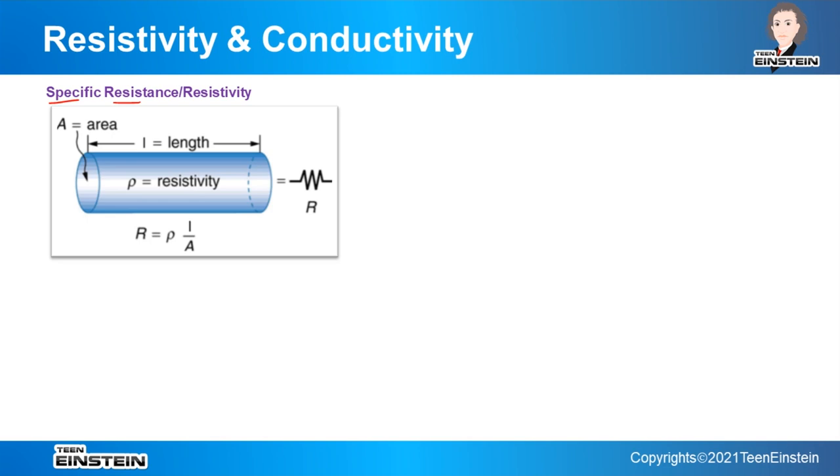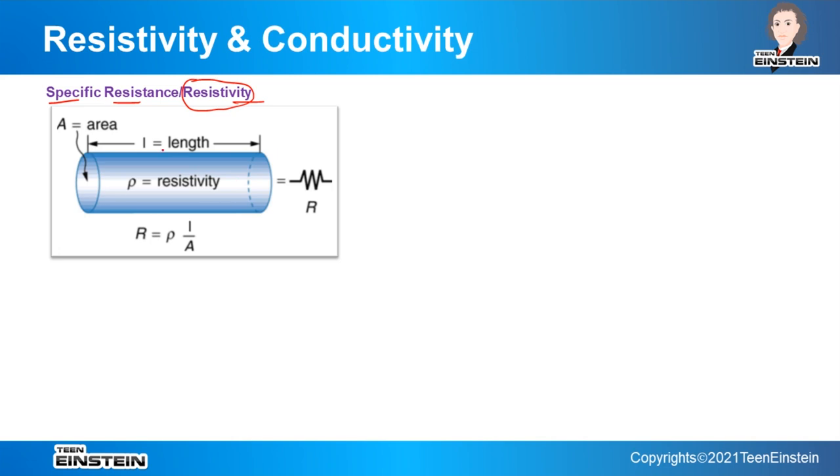Because in some cases you will see the term specific resistance used, and in some cases resistivity, though by IUPAC the term resistivity should be used. You can see the use of both these terms, so it is better you try to remember this. Don't think resistance and resistivity are the same. There is a difference. So we will see what resistivity is and how it is related to resistance.